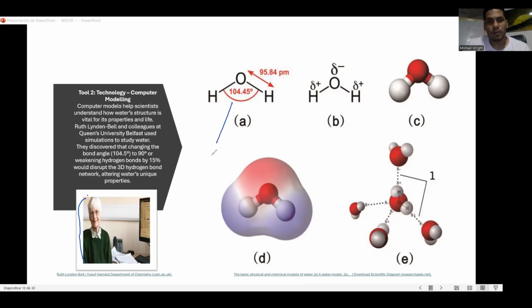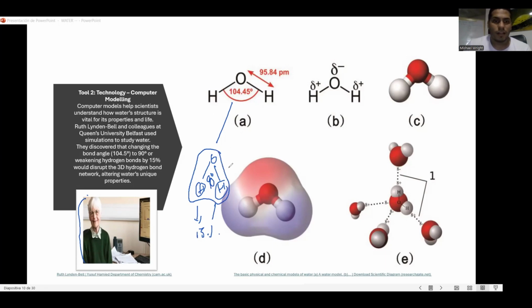So they tried to decrease the angle of the water molecule by an angle of 90 degrees, right? And they also weakened the hydrogen bonds by 50%, right? So what they discovered was that if they perform this experiment with a water molecule, obviously they use computer science to make this experiment.